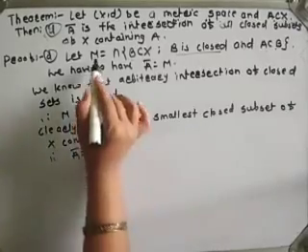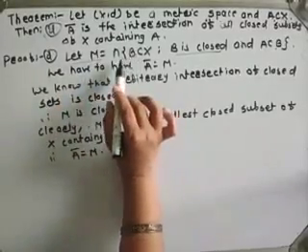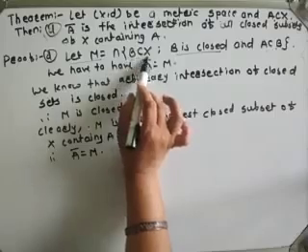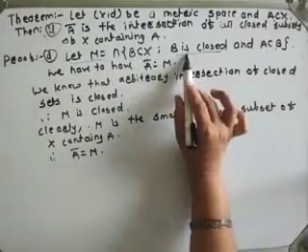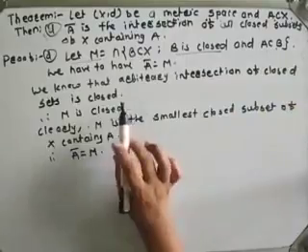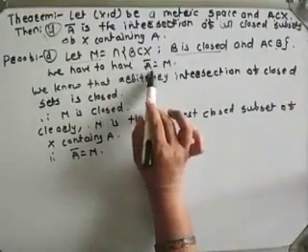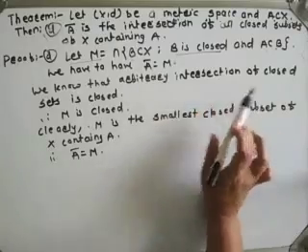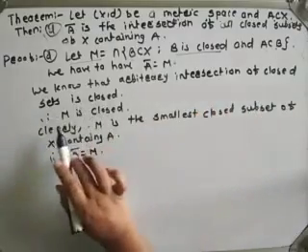See here, let M be equal to the intersection of the set of all B a subset of X such that B is closed and A is a subset of B. We have to show that A closure is equal to M. We know that arbitrary intersection of closed sets is closed.